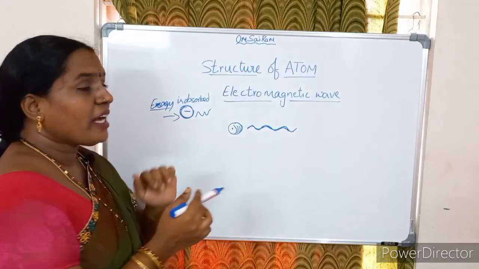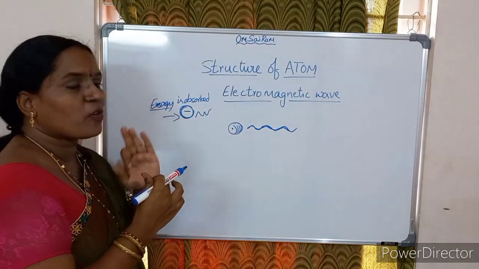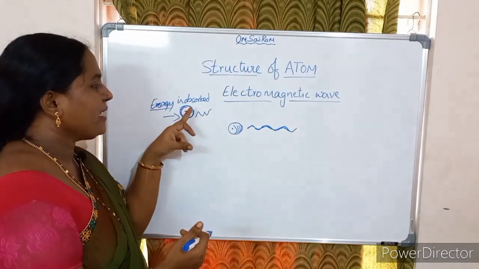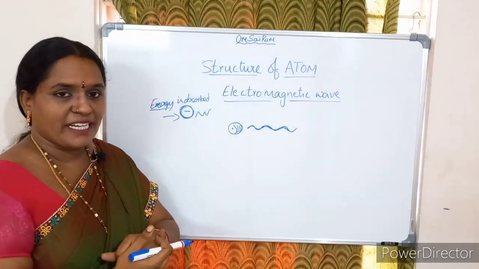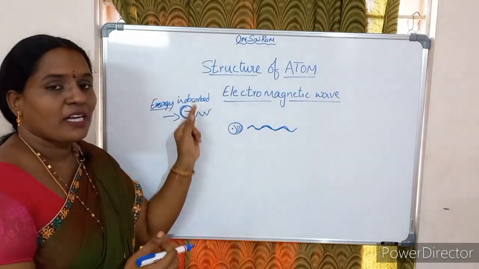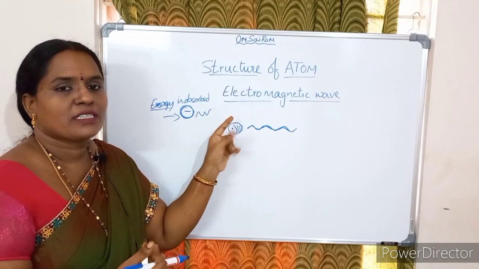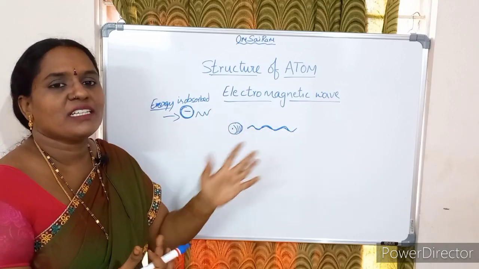When we are heating the cupric chloride, the energy is absorbed by the electrons present in it. So they get excited, meaning vibrated, and they produce electromagnetic radiation in the form of which colored light?